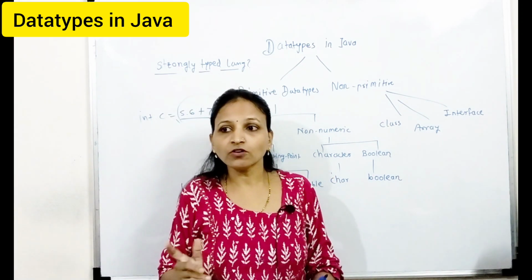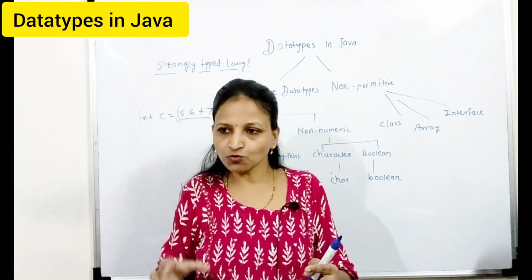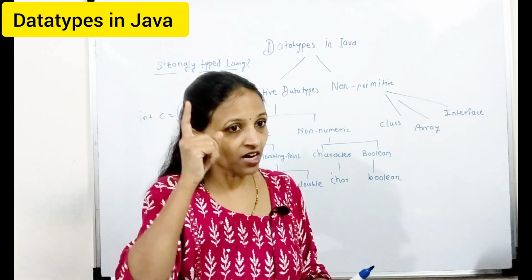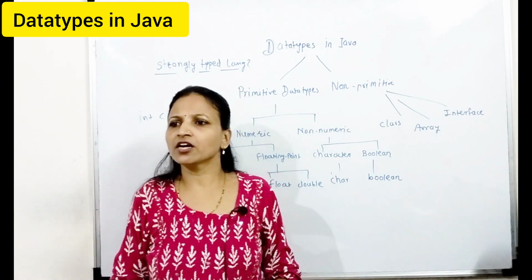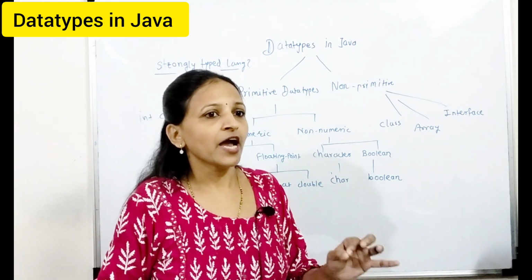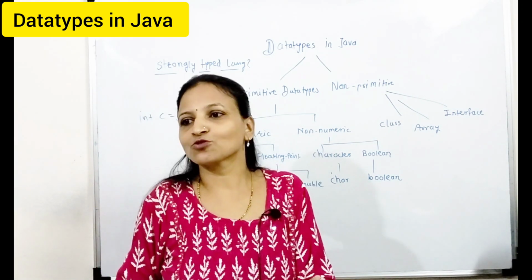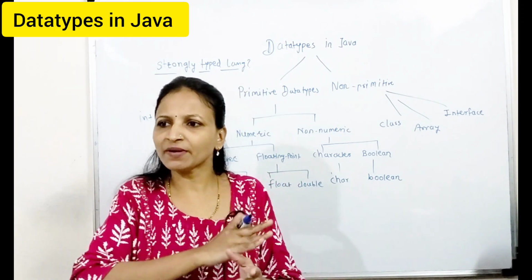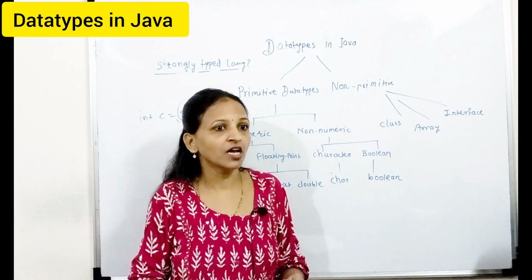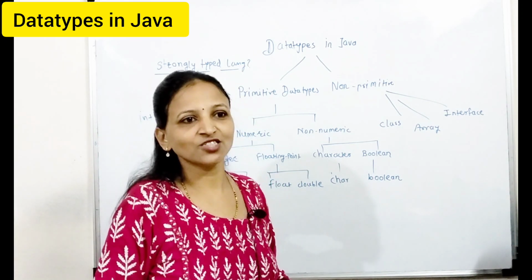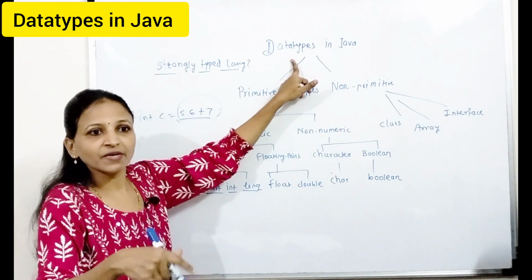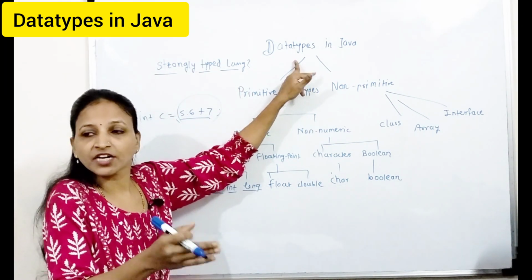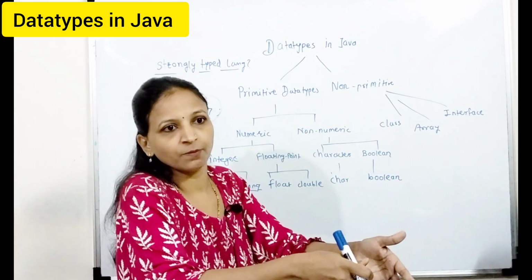At the time of copying all those arguments, type checking is again done. Everywhere there is strict type checking, and everything has a data type associated with it, whether it is an expression or a variable. That's why Java is called a strongly typed language. A data type is nothing but the type of value that you are going to store inside a variable.